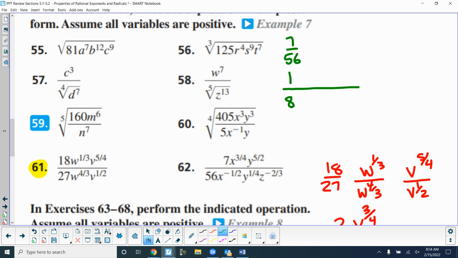All right, x's, I've got 3/4 up top and negative 1/2 in the bottom, right? What's bigger, 3/4 or negative 1/2? 3/4. So the x stays in the top. And then what's 3/4, and that's 2/4, right? 1/2. What's 3/4 minus a negative 2/4? 5/4.